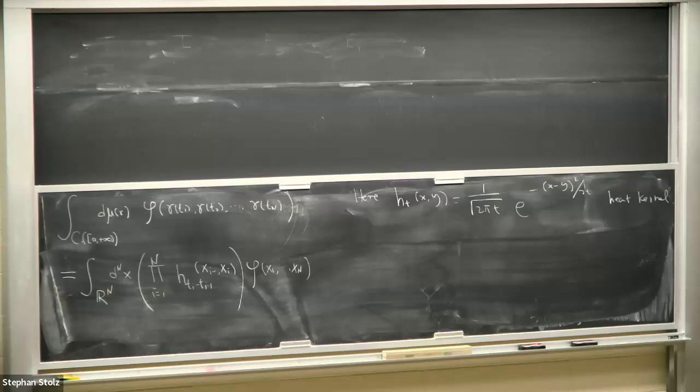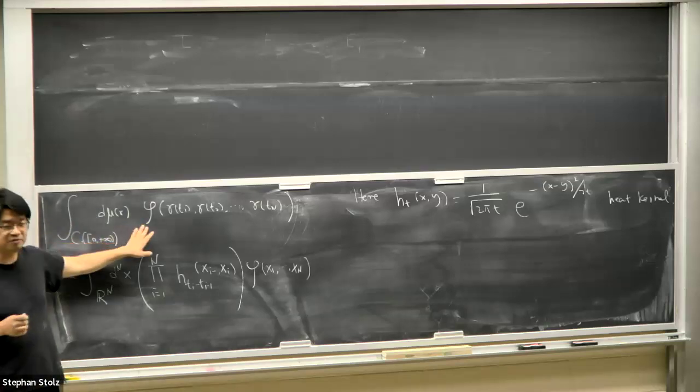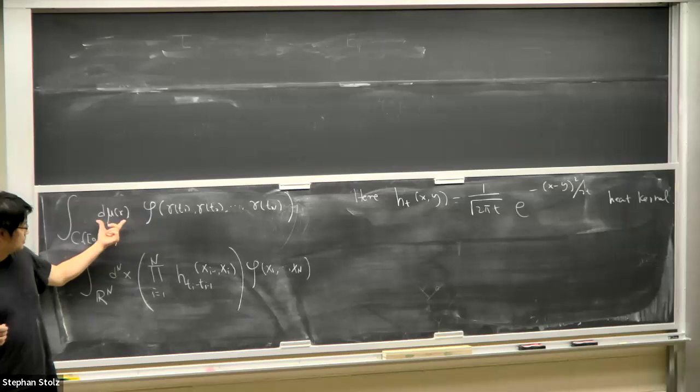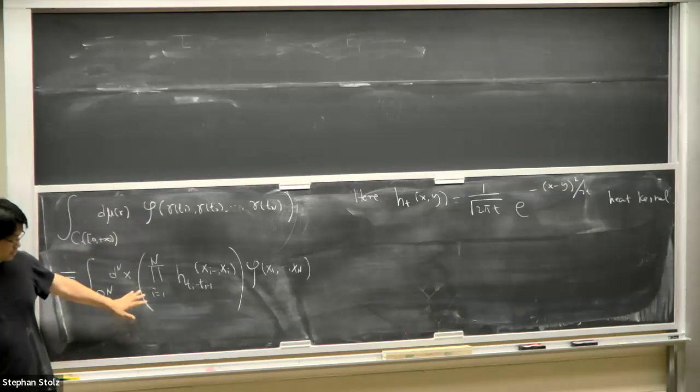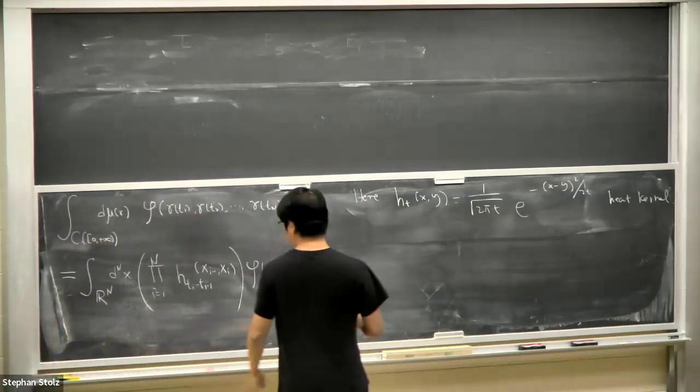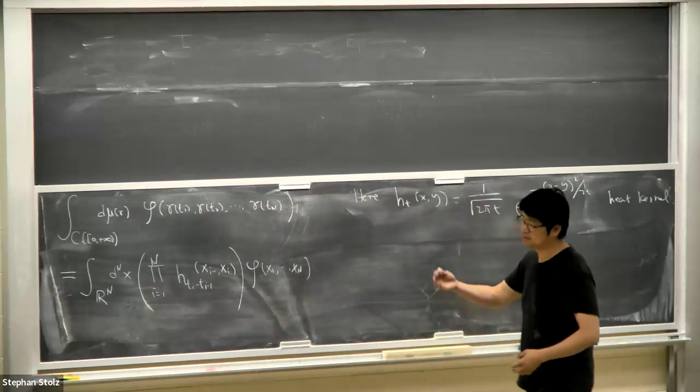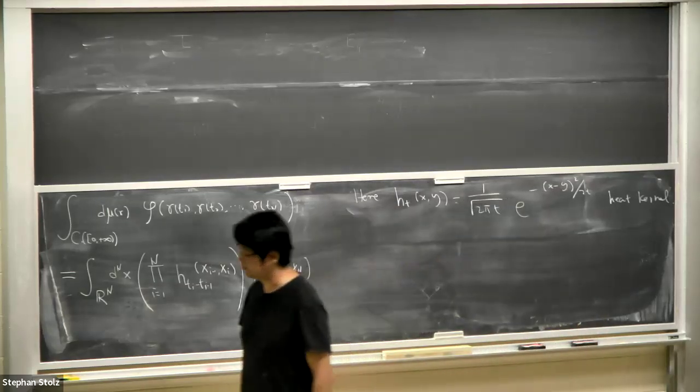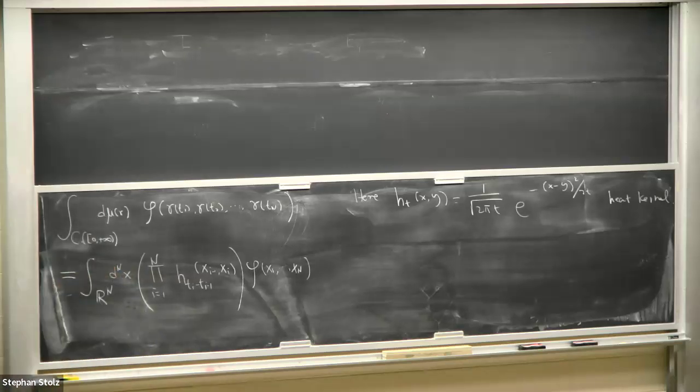So if you require this property, like you insert any kind of measurable function, and the value of this measure is given by this property, the particular answer, then you can show this one has a limit precisely giving rise to this probability measure. It's called the Wiener measure.